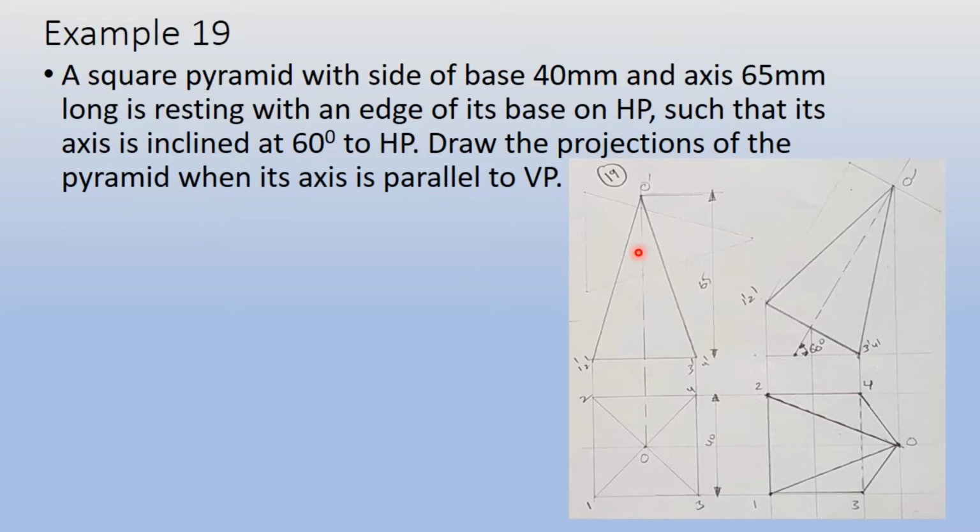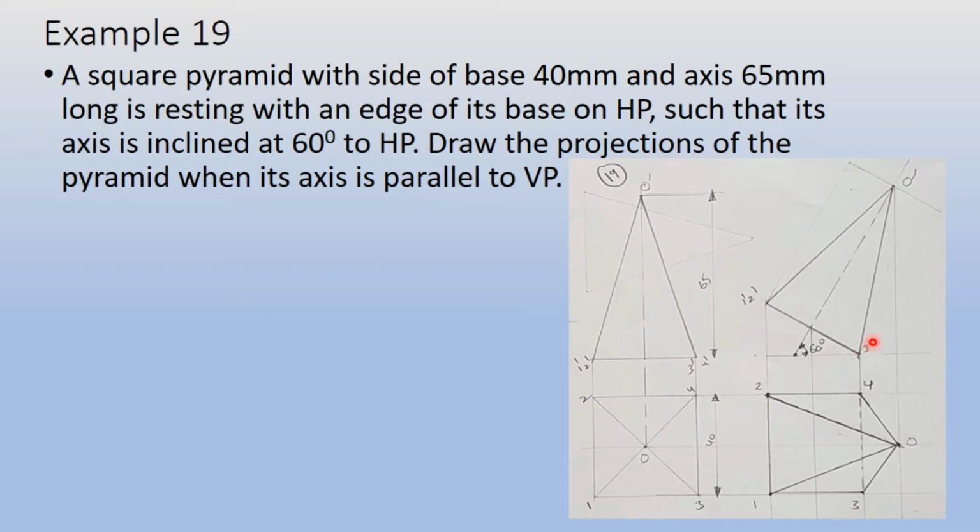So this is the assumed square pyramid, that is, it was standing on the horizontal plane vertically upwards. That is why the top view is a square, the front view is a triangle, and then the pyramid is inclined, with the edge resting on the horizontal plane and the axis making a 60-degree angle.